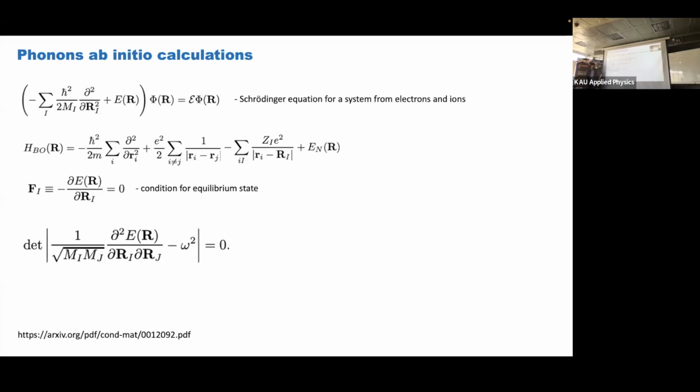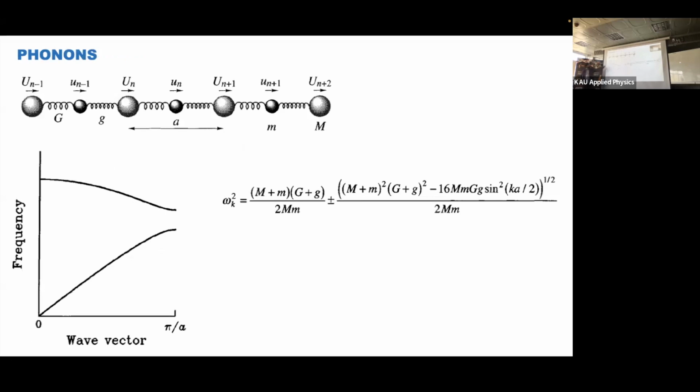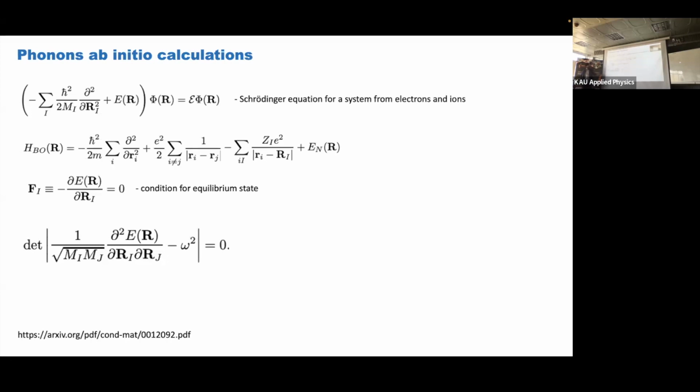We divided it into just ions, which are very slow and very big compared to electrons, and the electron part. We then neglected the ions part, but here we can't neglect it, because the most important thing for phonons is the ions. So we had to solve the whole Schrödinger equation.